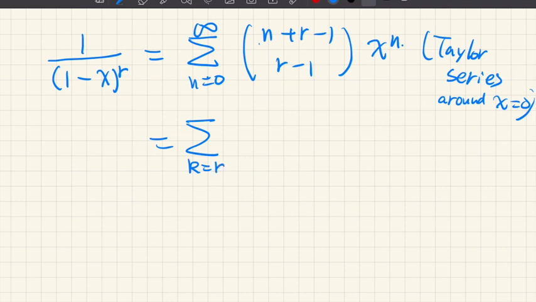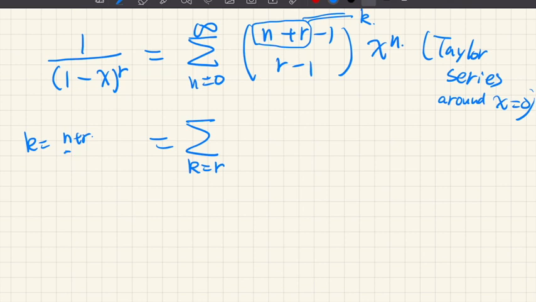So we change variables here and set k equal to n plus r.